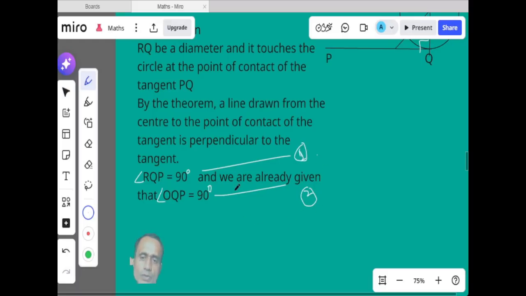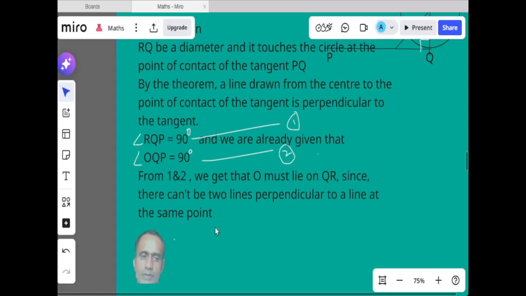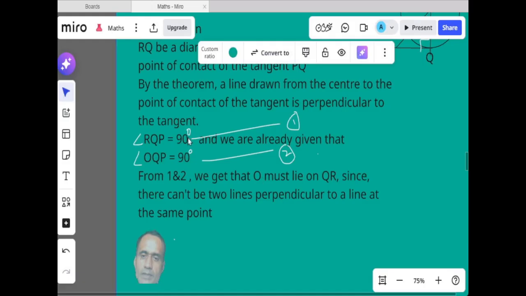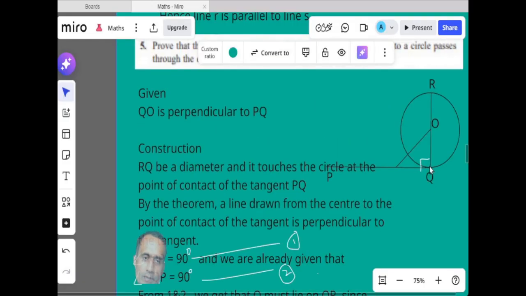So from 1 and 2, what do we get? We get that there cannot be two lines perpendicular to a line at the same point. We cannot have this line perpendicular and another line also perpendicular at the same point.